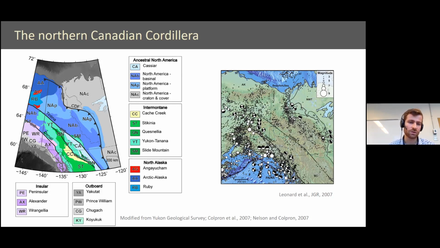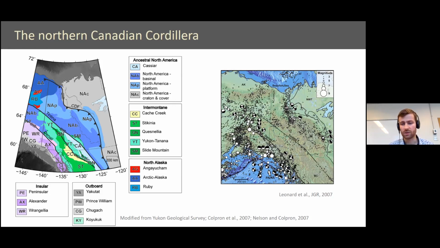If we go from east to west, there are different superterranes, so big groups of terranes. The first one, from the Cordillera deformation front to the Tintina Fault, is a superterrane that has affinity with the North American Craton, sharing geological characteristics with the North American Craton.